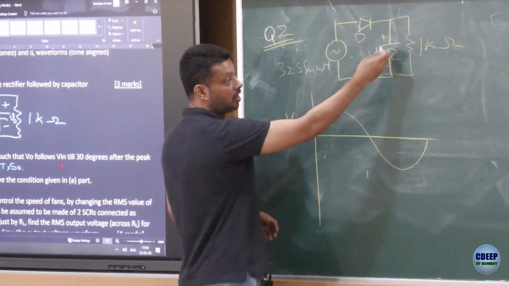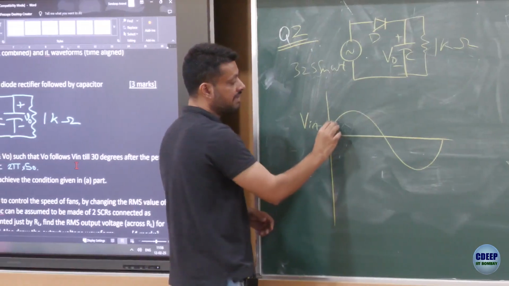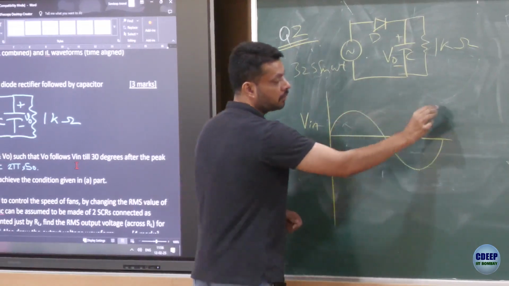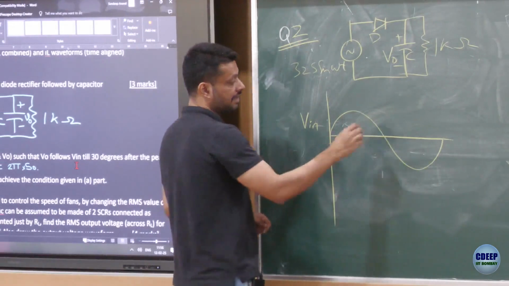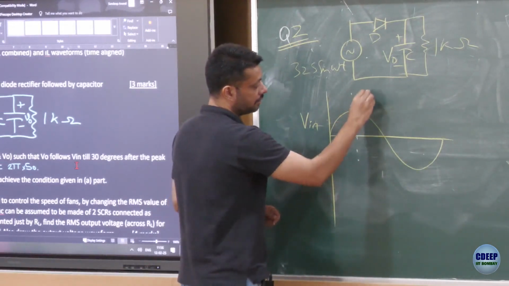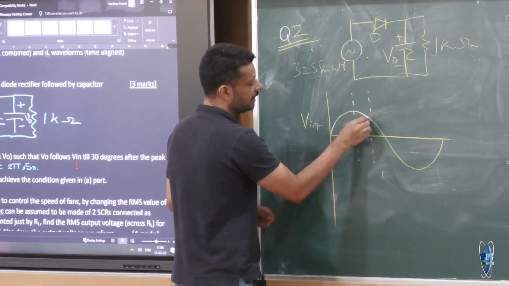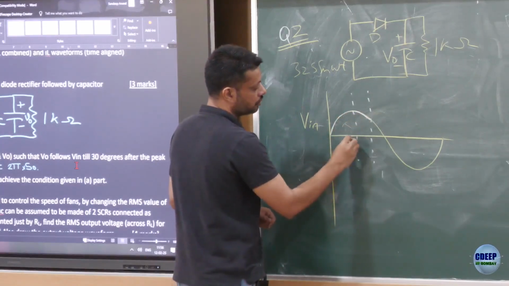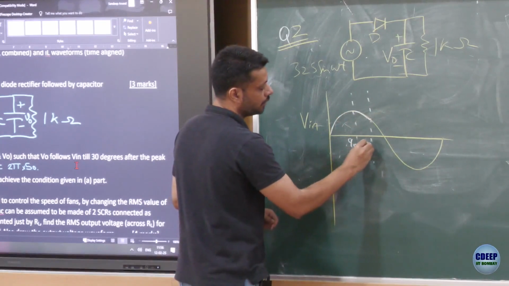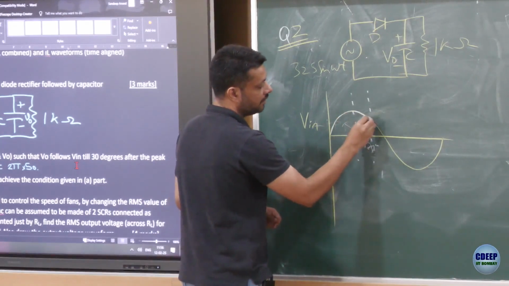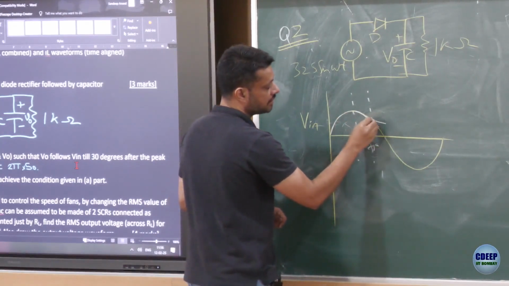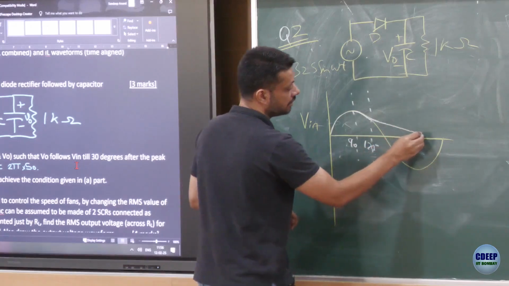If you had a pure capacitor, it would have been rising with the voltage and then would remain constant. In this case, we are saying it continues to follow this waveform 30 degrees past. So this is 90, this is 120, and then after that, of course, it decreases with the RC constant.